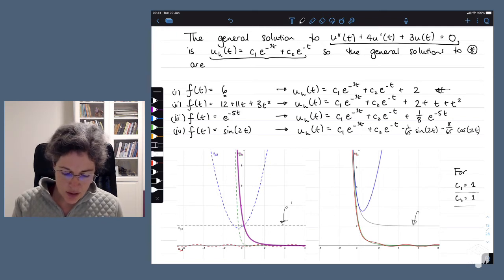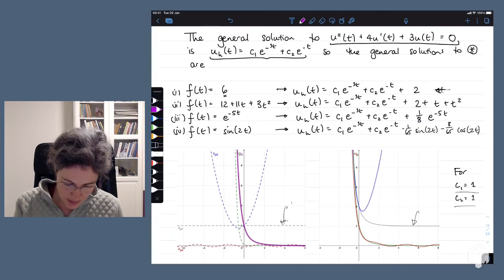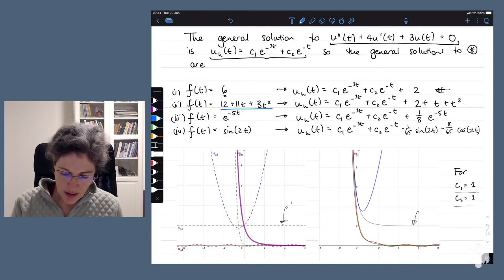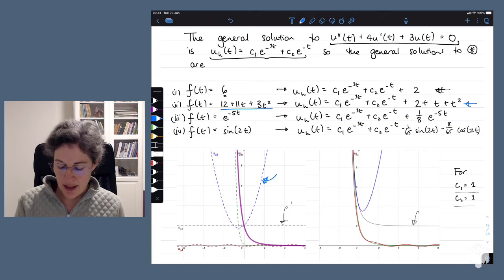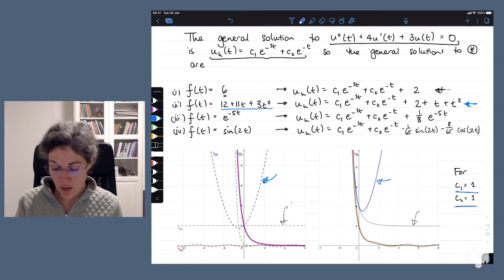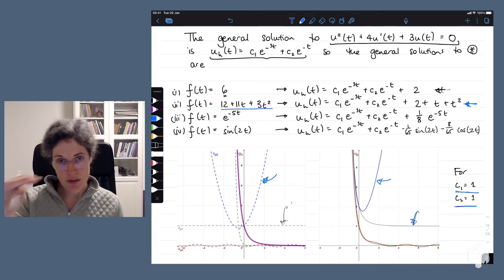On the other hand, when our driving function looks like this quadratic, our general solution looks like so. So here's our driving function, and if you plot this particular version for C1 equals 1 and C2 equals 1, then your final solution looks like this. So quite a different look to when you just have a constant driving function.